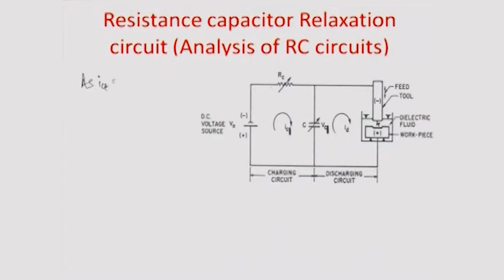As IC(t) is actually equal to (V0 minus VC(t)) by R, we can find this out. So, we already have the value of VC(t) from the previous equation as V0 times (1 minus e to the power of minus t by RC), and therefore, we can write this down as V0 by R e to the power of minus t by RC.